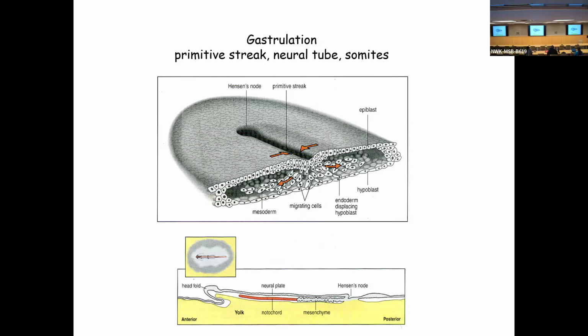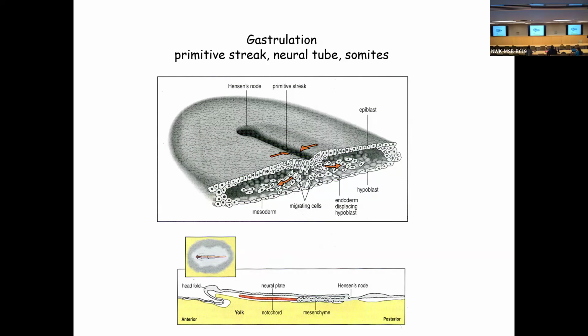So during the process of a zipper of a primitive streak, there is the rise of a neural tube or neural plate, and then the notochord. The notochord is a rod type of structure that is underneath the neural tube, and that exists only during development.